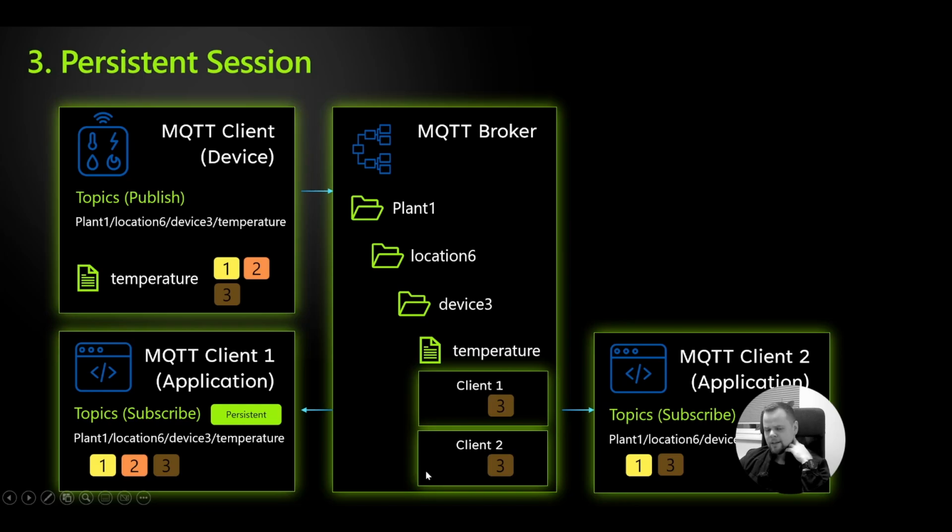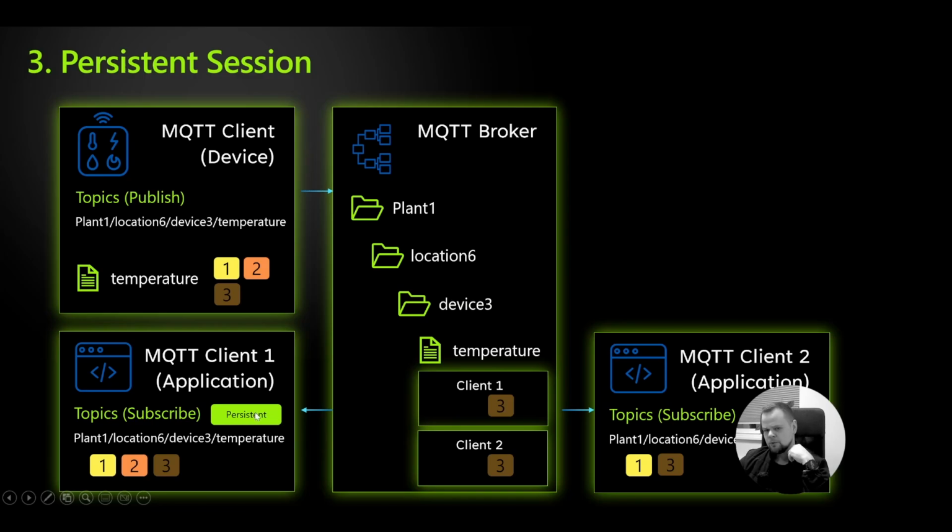So again, it can be desired or not desired, acceptable or not acceptable, to lose these messages. In case it's a more transactional kind of interaction between the applications, obviously the persistent session is a must-have.